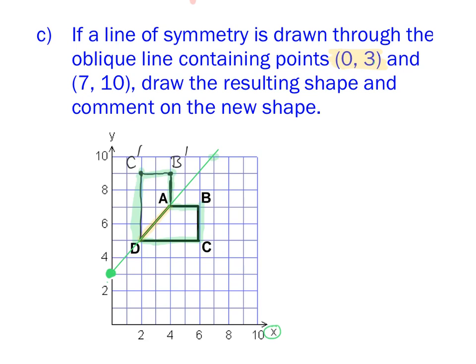So it's a 6-sided object. A 6-sided object is a hexagon, and this is in the shape of the letter L. So all we're going to say, it doesn't have to be fancy, is that the resulting shape is an L-shaped hexagon.